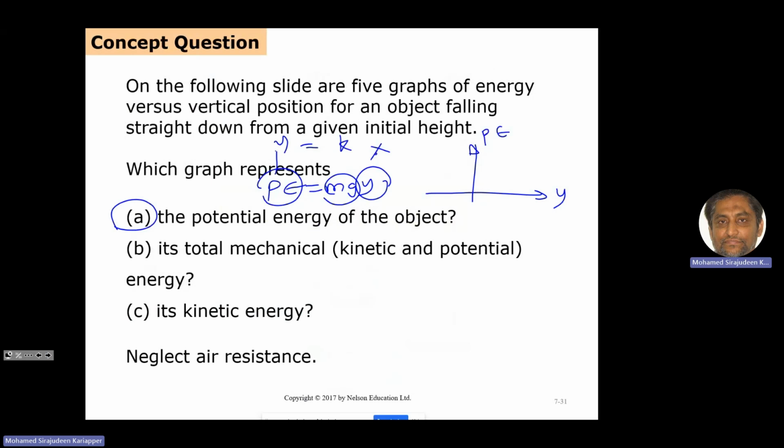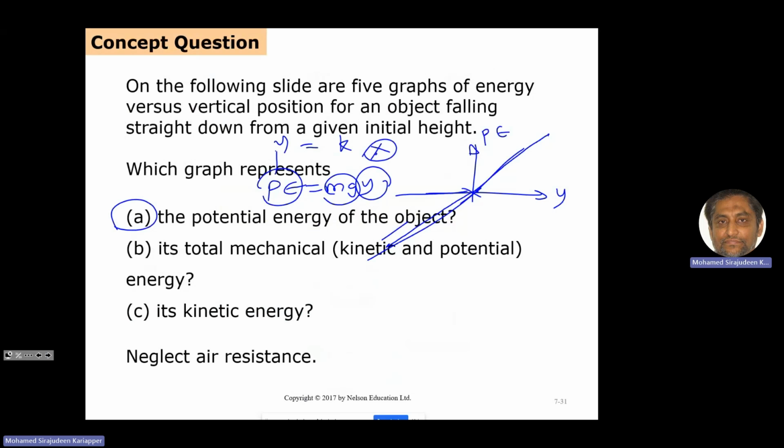When x is 0, y is 0. When the y increases, potential energy increases linearly; when it decreases, it decreases. It's a straight line and should go through 0, because when the horizontal coordinate is 0, the vertical coordinate is also 0: y equal to 0, potential energy equal to 0.